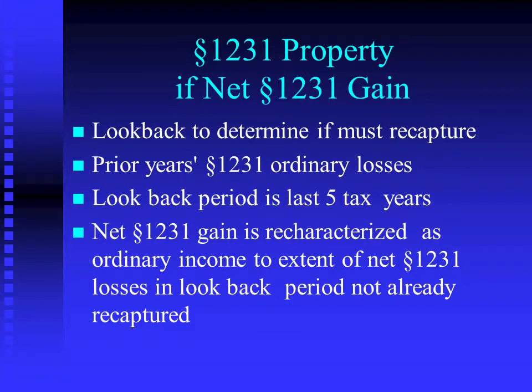When we come to the next example, you will see that it's actually pretty straightforward as long as you have a way to be organized. And you remember that when you look back, you go back to the oldest year first. And any gain over the ordinary income recapture is that finally that long-term capital gain that we're struggling so hard to get.